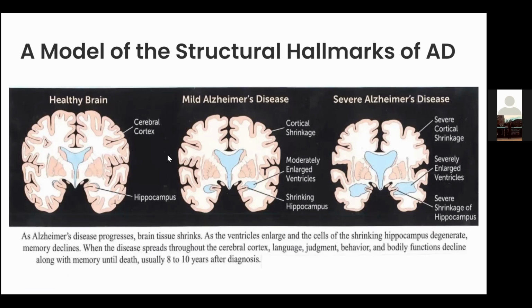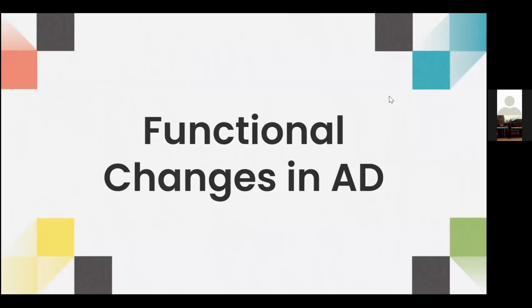And when the disease spreads through the cerebral cortex, language, judgment, behavior, and bodily functions decline along with memory. And this can lead up to death, which is the most severe stage of Alzheimer's. As you can see on the right over here, the ventricles are very enlarged and the hippocampus is very shrunken. And this is the last stage of Alzheimer's.